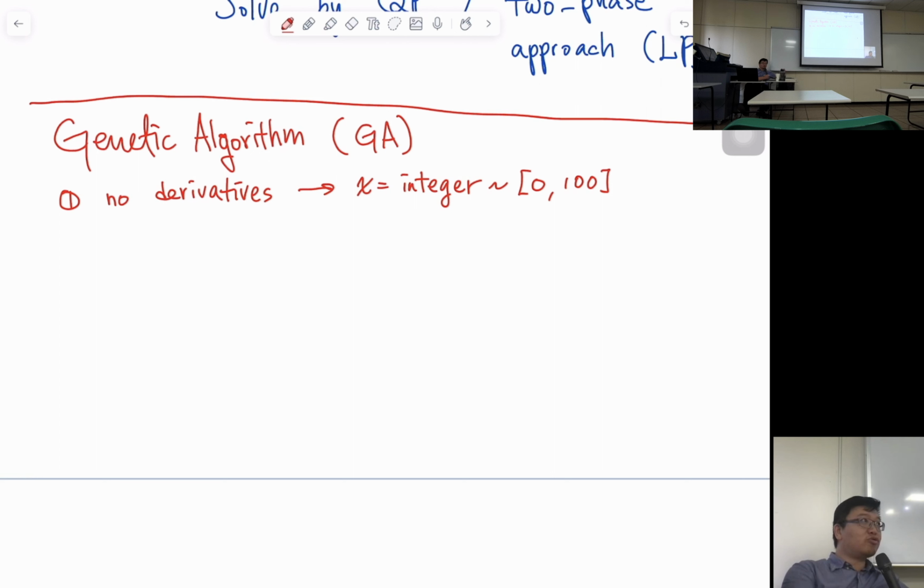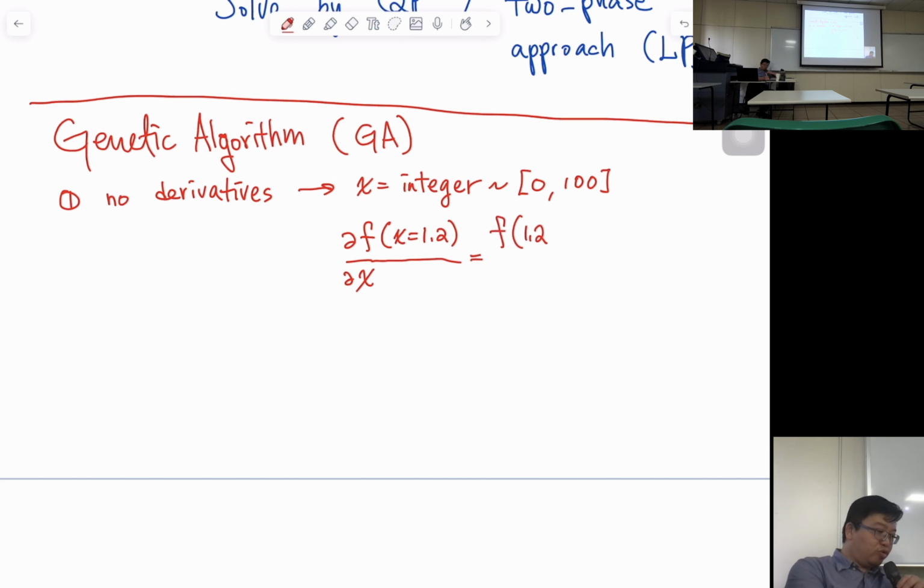So when you try to use finite difference to compute the derivatives, for example, if you want to evaluate partial f, partial x, at, for example, x equals to 1.2. So usually what you do is f of 1.2 plus your delta minus f of 1.2 divided by delta, right?